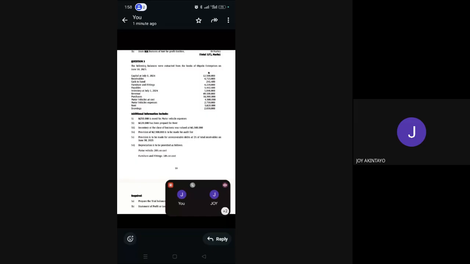So where are we putting this? Non-current. It is a non-current asset because it has a useful life of more than 1 year. So we are putting 4,220,000 naira under the debit side.